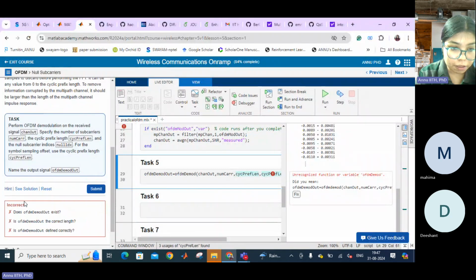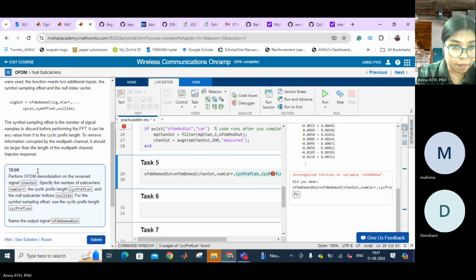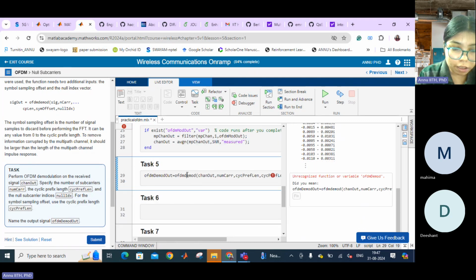Let's see the solution. Okay, this is not capital, this is small. But while doing modulation also it was small.